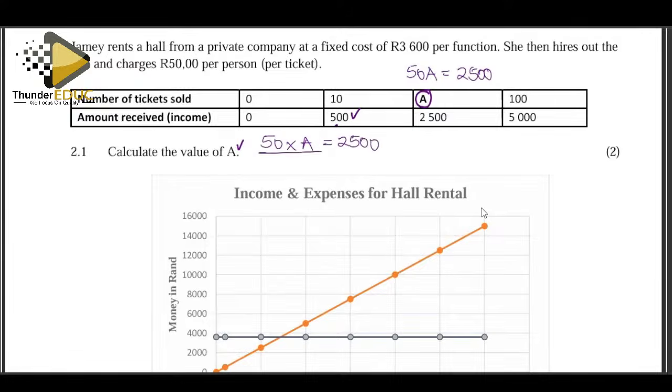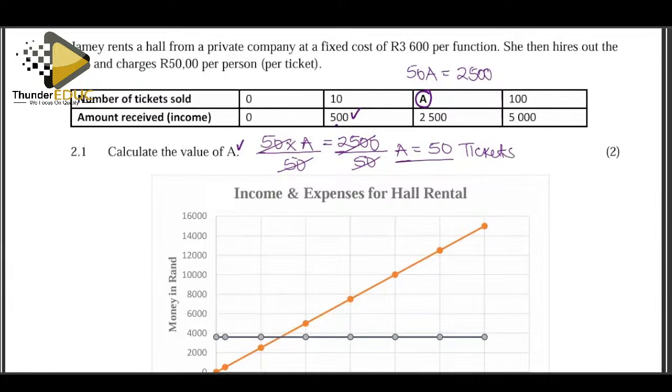Then I'm looking for the value of A. I divide through by 50, and divide through by 50. So the value of A will equal 50, because when I put this in my calculator, it gives me 50. But remember, we are looking for tickets. So there were 50 tickets.